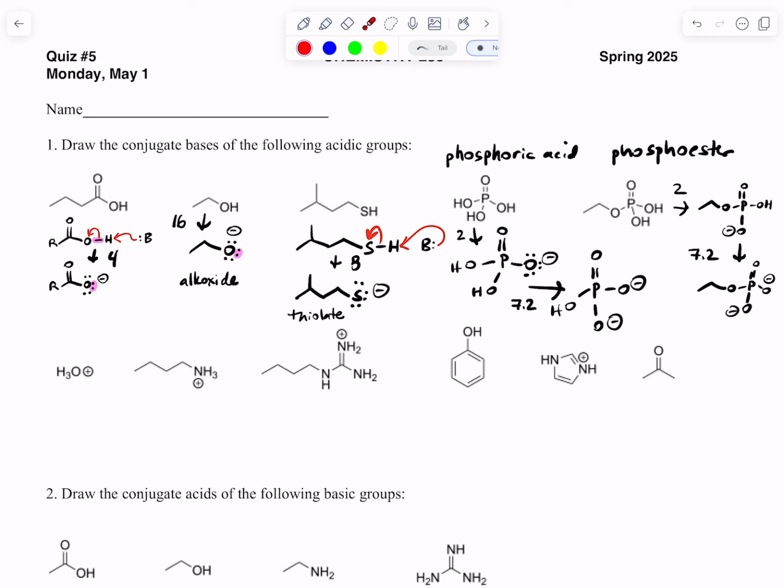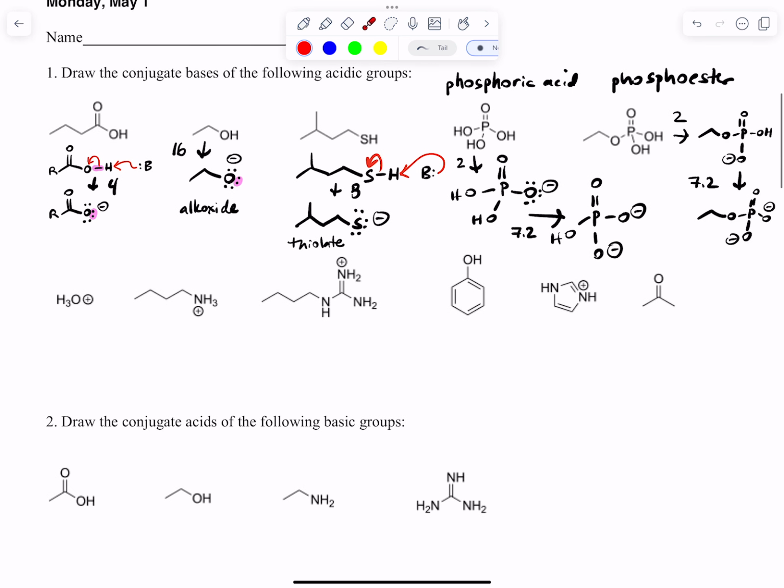How about this one? You've seen something like that. What is the conjugate base of the ammonium ion? Just the NH2, right? And that pKa, if you look at the table, is what? Good, 11.